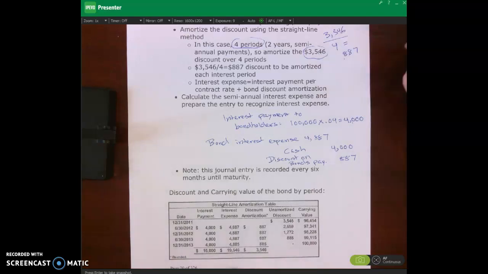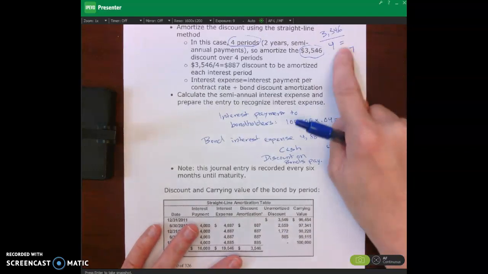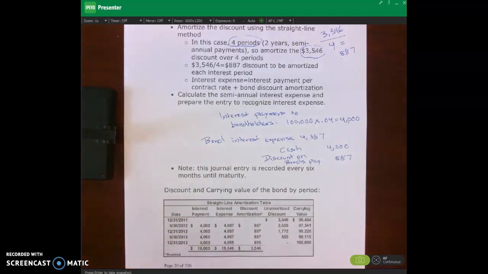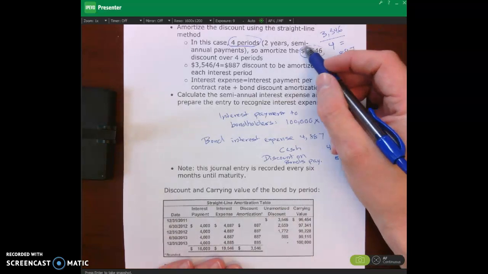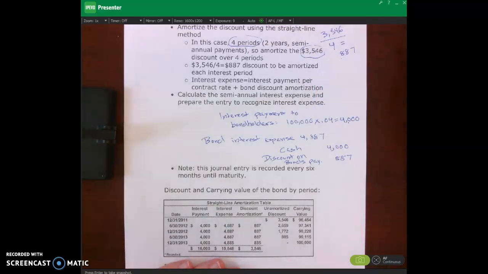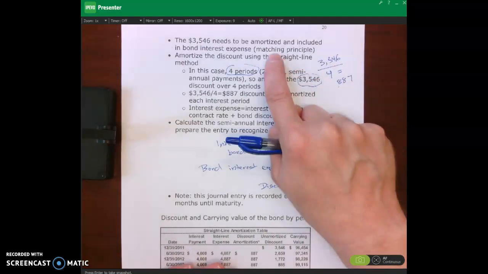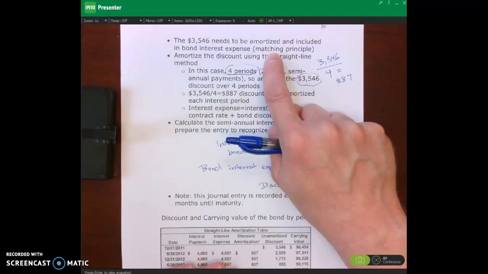This is the discount, and we can think of this as additional interest. Now the problem is that if we didn't do this journal entry where we amortized this discount and stretched it out over the 2 accounting periods, we would essentially be recognizing this 3,546 all in the second year when we paid it back. The problem with that is it violates the matching principle. Remember the matching principle, we want to match revenues and expenses in the same accounting period.